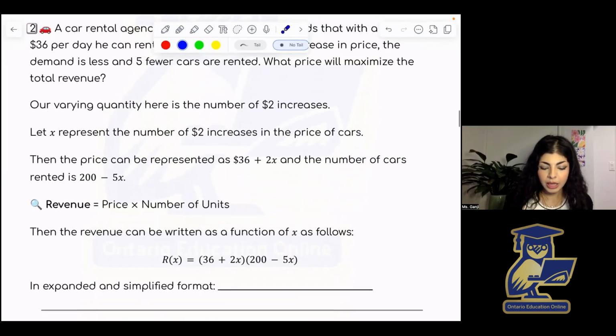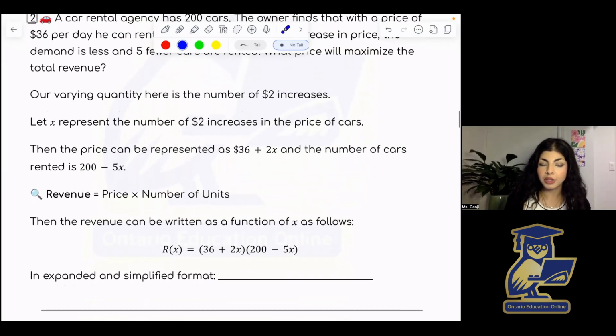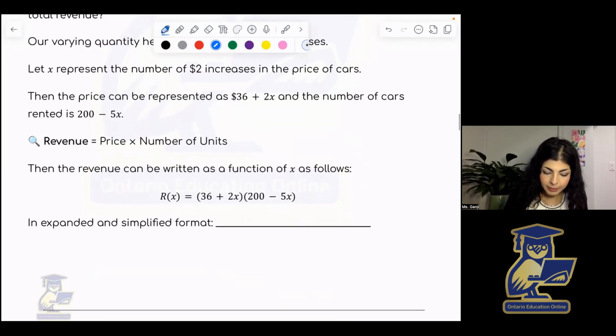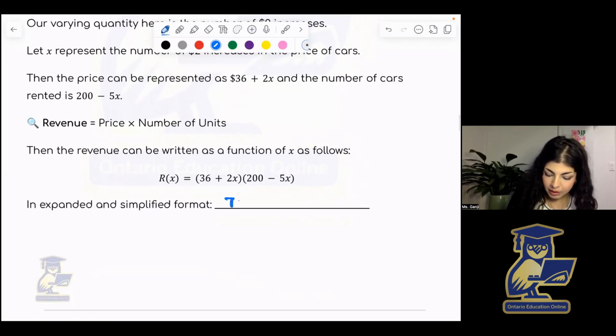So in terms of x, we can write our revenue function as R of x, which is 36 plus 2x times 200 minus 5x. And so here I will just write this in expanded form. So we have 7,200, and I'm just using my FOIL method here.